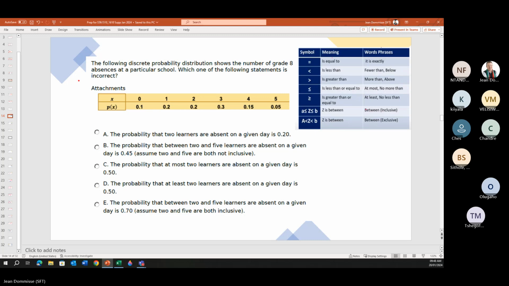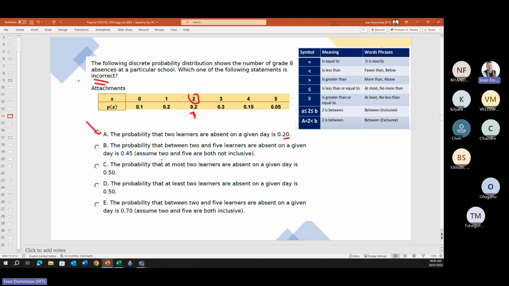Okay, so let's look at the options. The probability that 2 learners are absent on any given day is 0.2. Okay, probability 2 learners, 0.2, correct. Okay, unfortunately, I'm looking for the incorrect one.